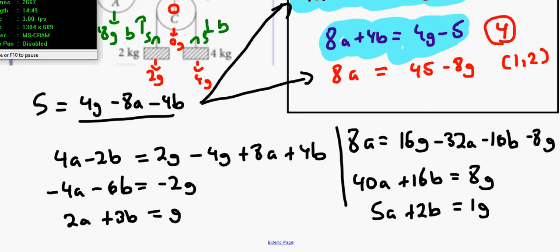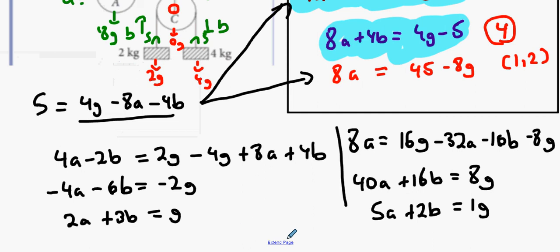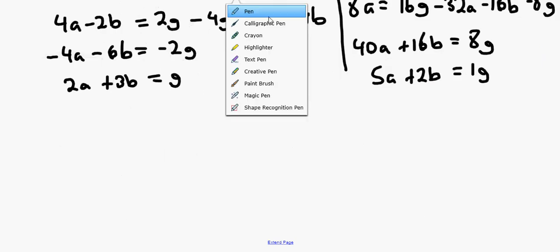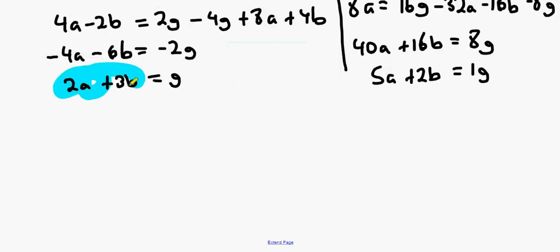What we're going to do next is solve these two simultaneous equations. Multiply this one by 3, and this one by minus 2.